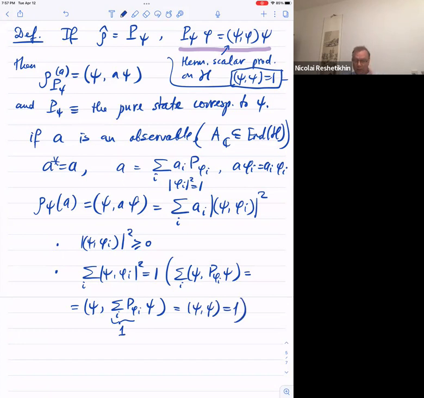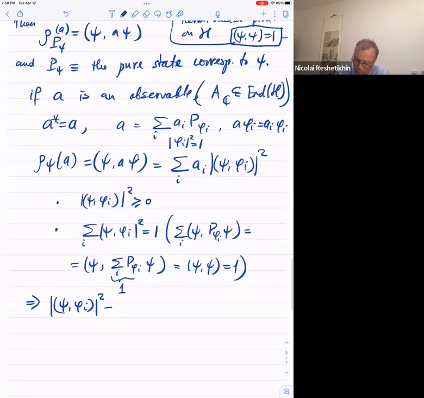So indeed, the sum of these squares is 1. Which means that these numbers are probabilities assigned to I. And in fact, the physical meaning of these numbers is the following.